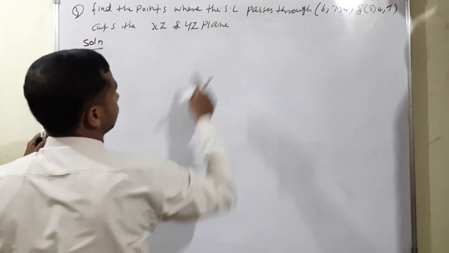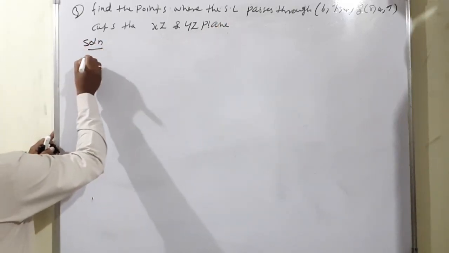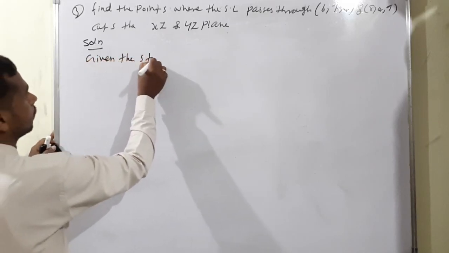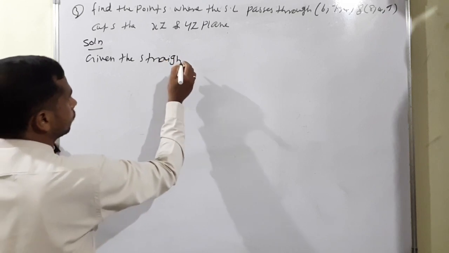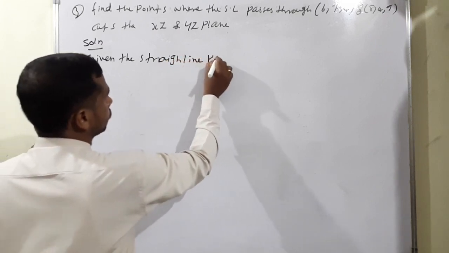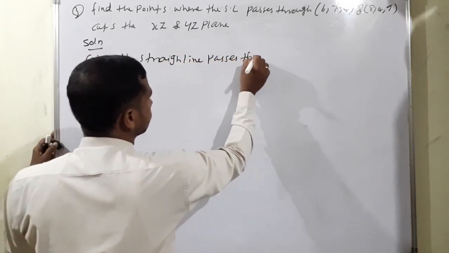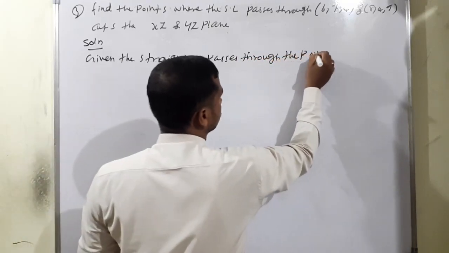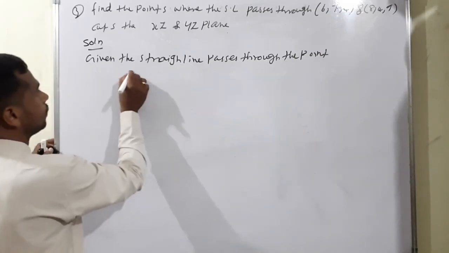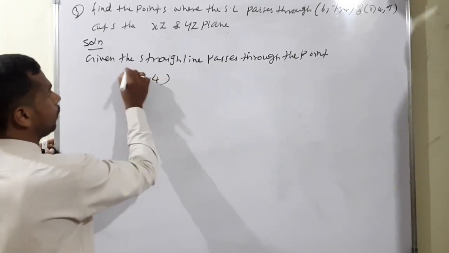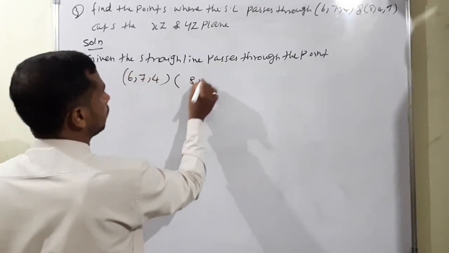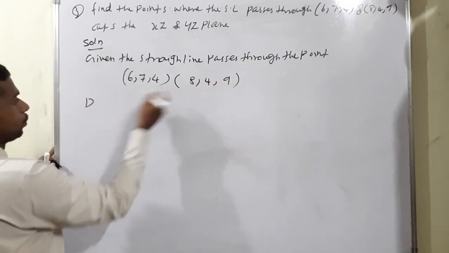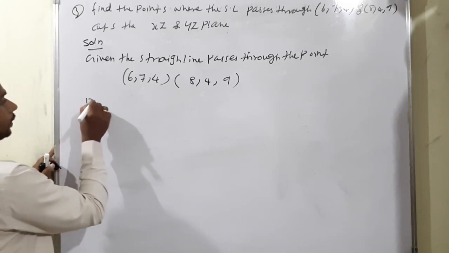So two points are given, the straight line passes through the points 6, 7, 4 and 8, 4, 9. Therefore from these two points, what is the value of the direction ratio?